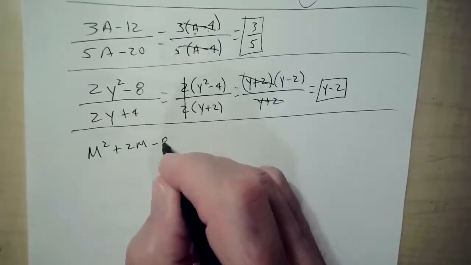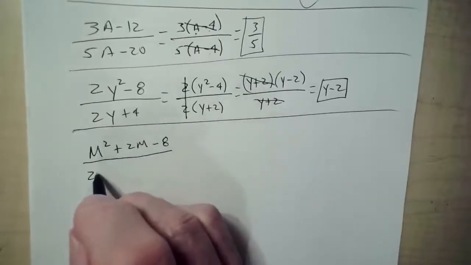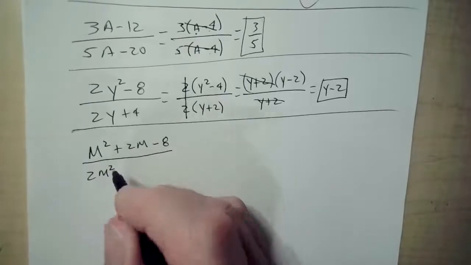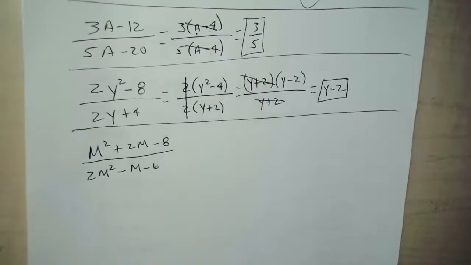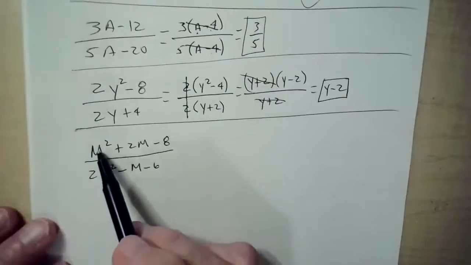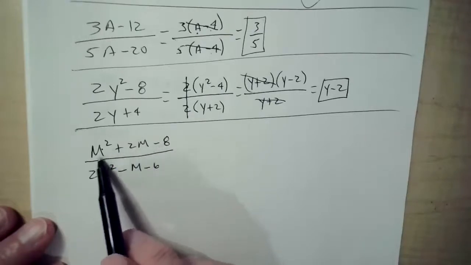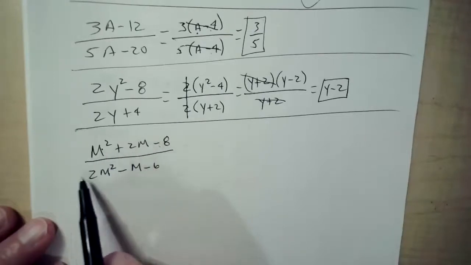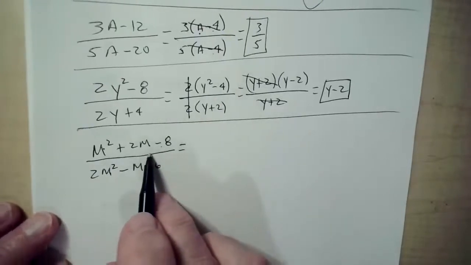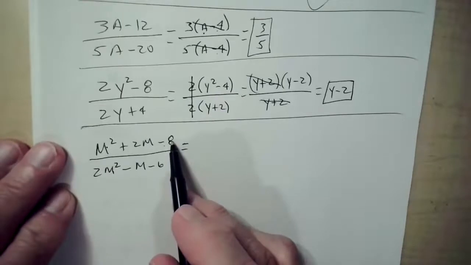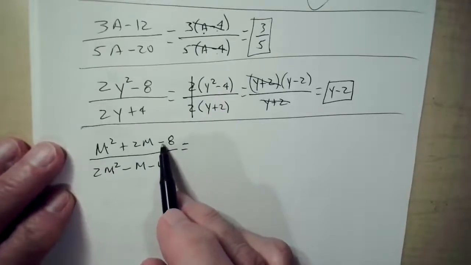If we have m squared plus 2m minus 8 divided by 2m squared minus m minus 6. Can we factor out these m squareds? No, because there's pluses and this is not one term up here. This is an expression. So what are the factors of this?